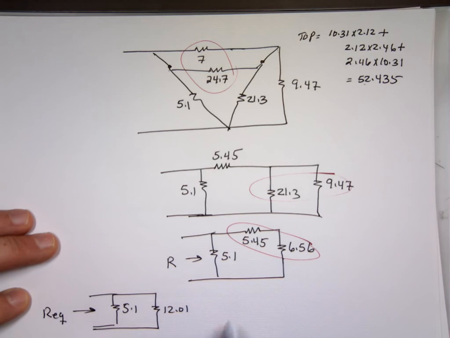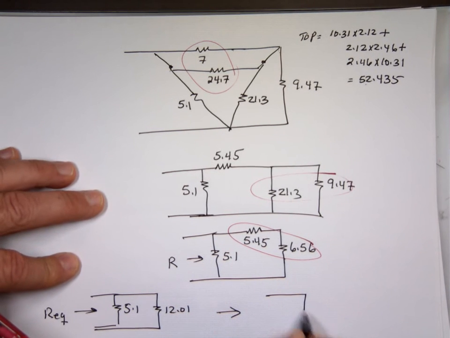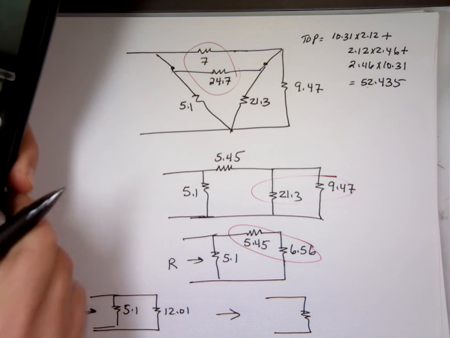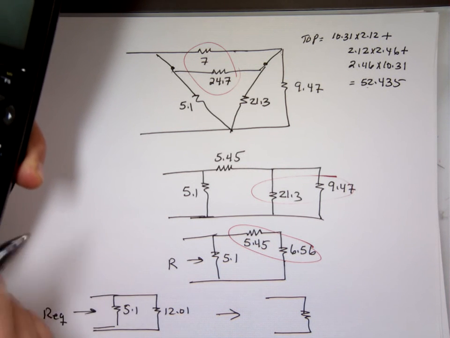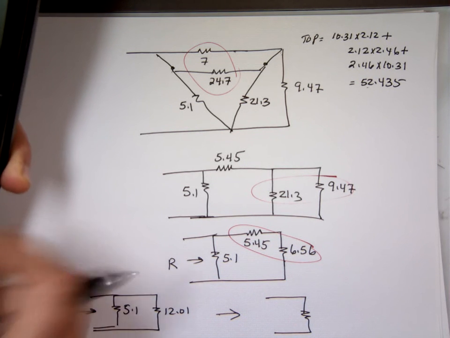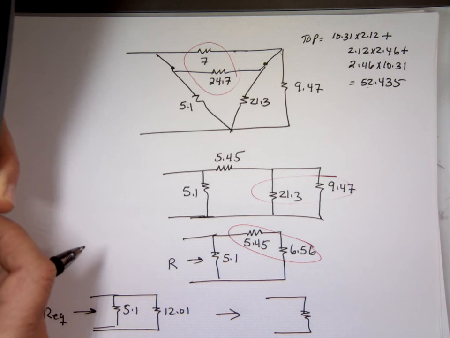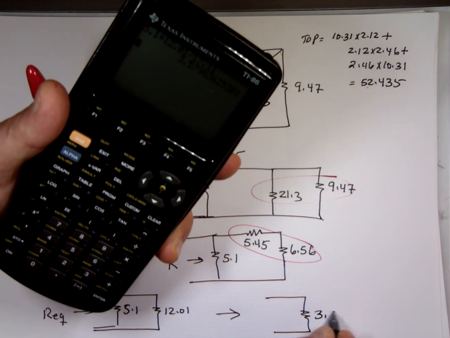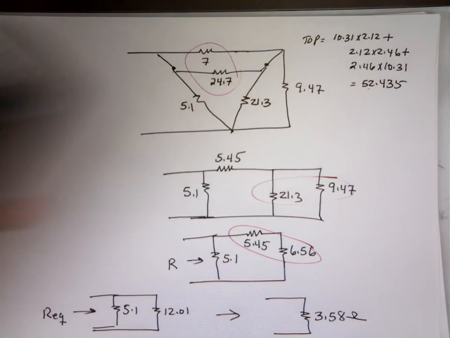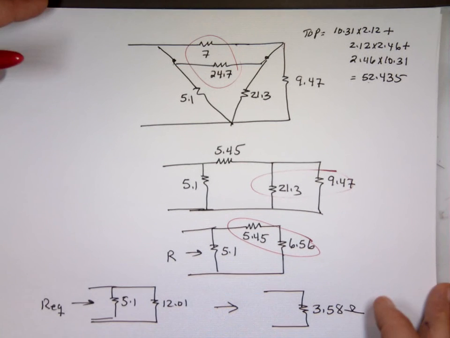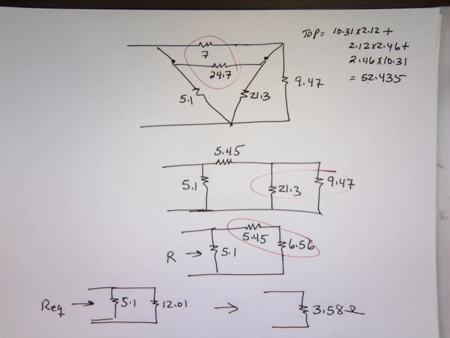And finally, this will be one resistor in parallel, and it's the product over the sum. 5.1 times 12.01 divided by 17.11, right? 3.58, is it? That's the equivalent of that circuit. But if I don't have the Y to delta or delta to Y, good luck. Good luck.